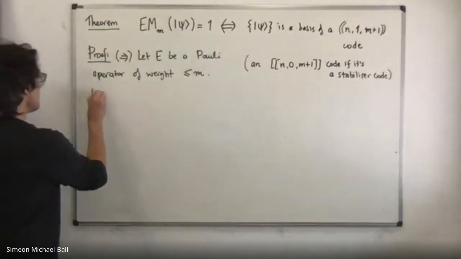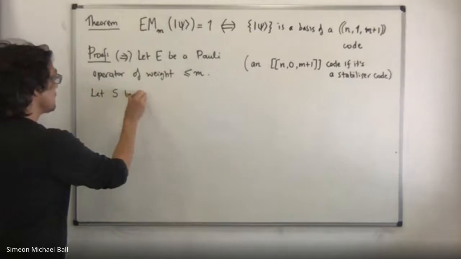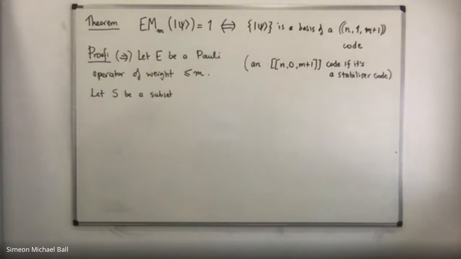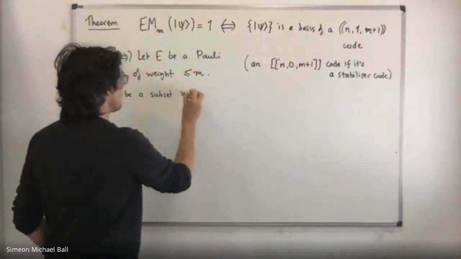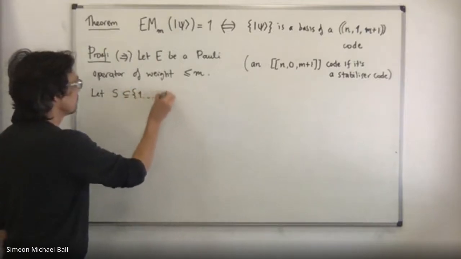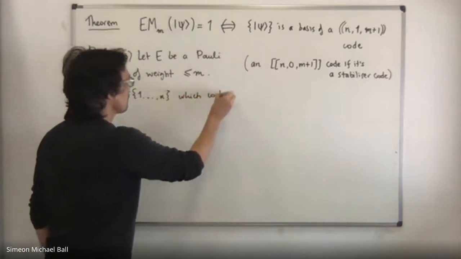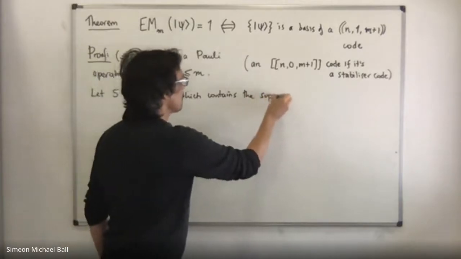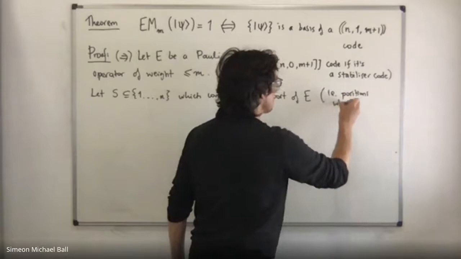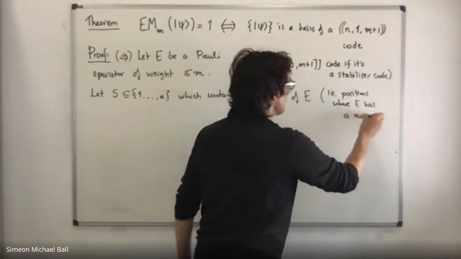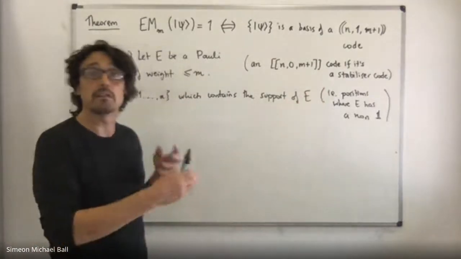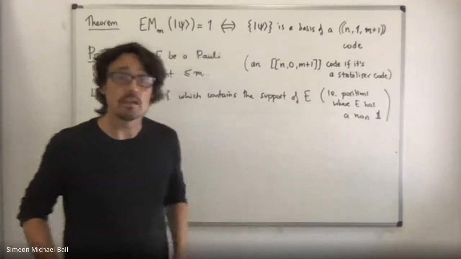And the idea is to let S be a subset of 1 to N which contains the support of E. And by the support of E, we just mean the positions where the Pauli operator has a non-identity element.